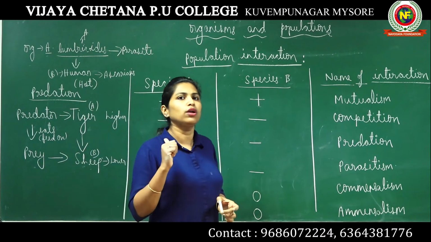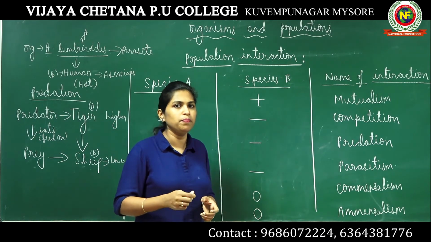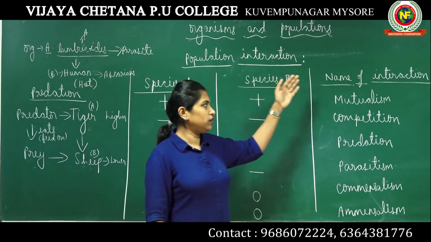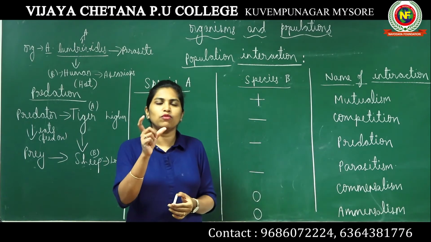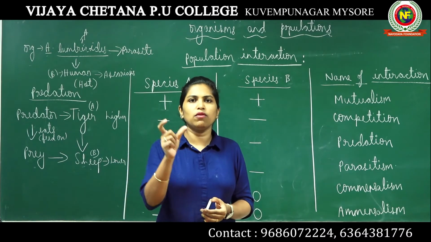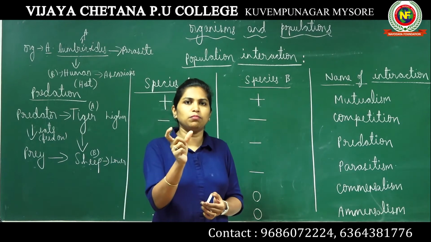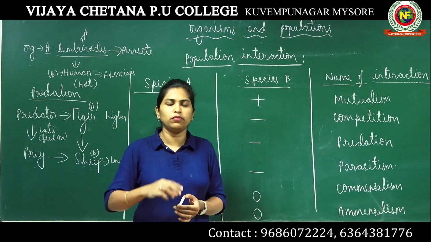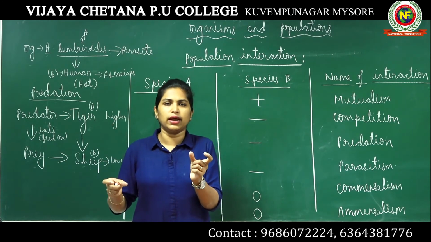If you look into your 2020 biology question paper, there is a question based on this population interaction. They have given certain examples where they gave the interaction between two species, and they have asked you to write the type of interaction.